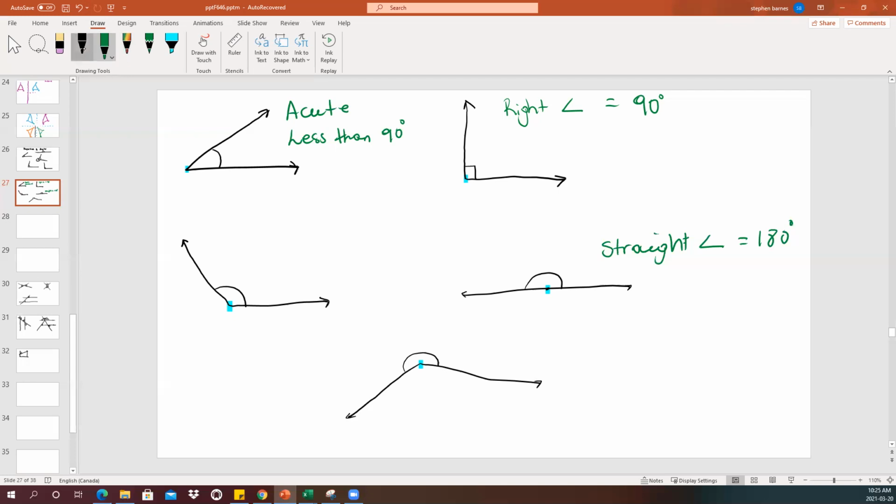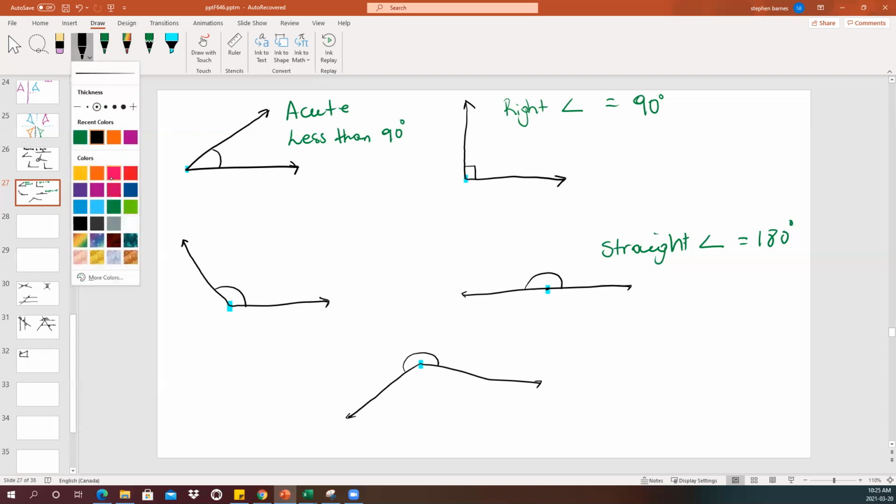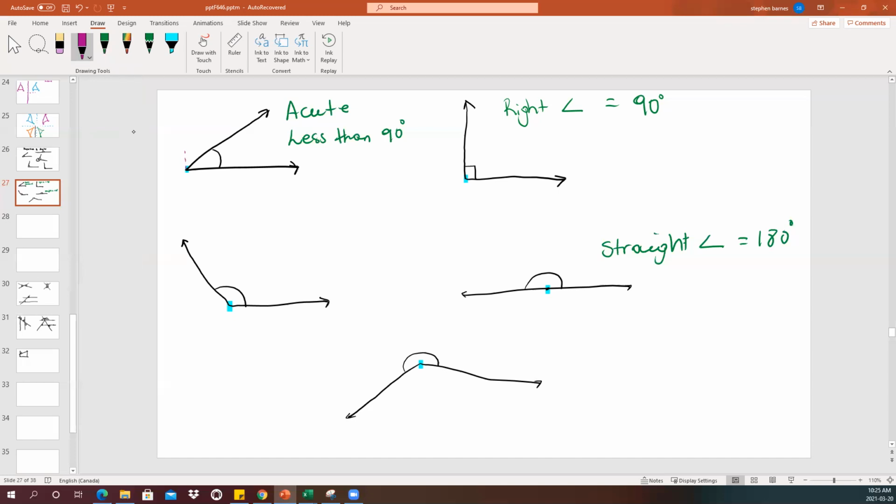So I'm going to use just another color here to dot in where, in this particular angle, the 90-degree line would be, right? So if this were a 90-degree angle, it would be where I have that dotted line, right? Now an acute angle, so this is a dotted line and this would give us 90 degrees, yeah?